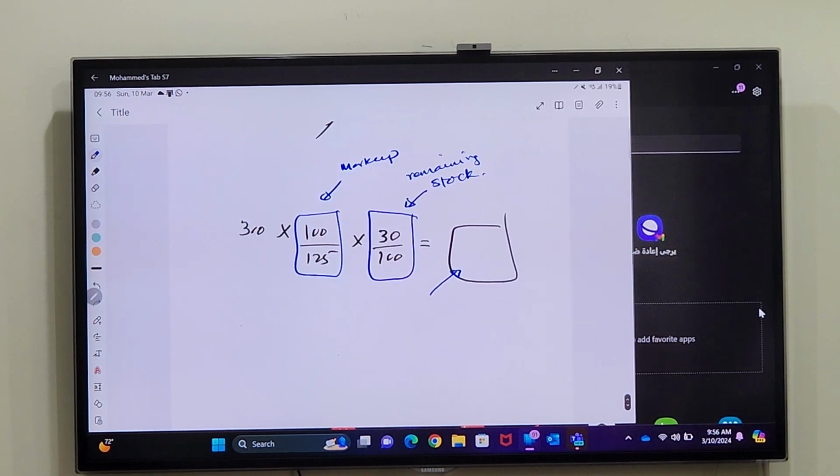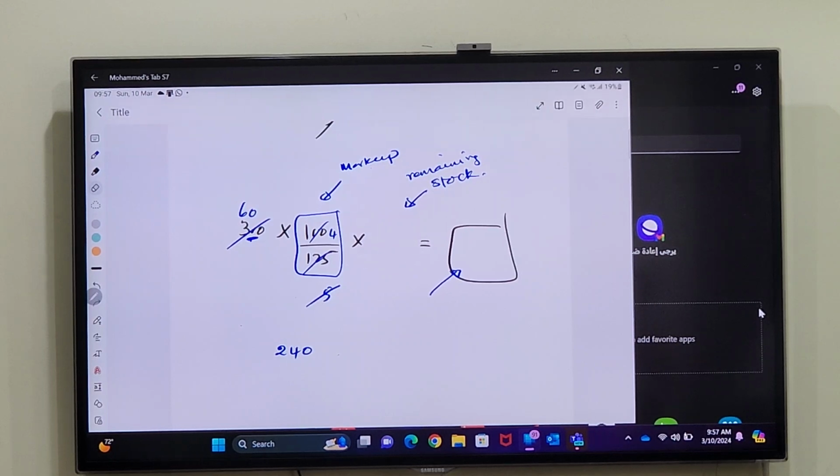This is 4 over 5. This is 60. 60 into 4 is 240. The issue is I already got 300. I should not have this.